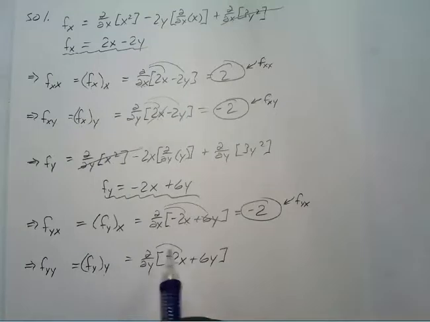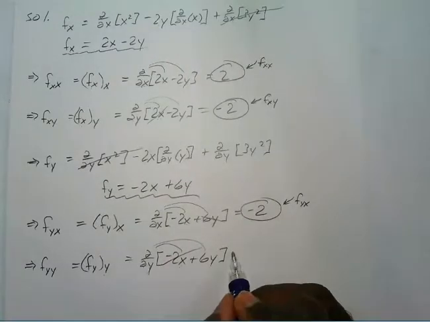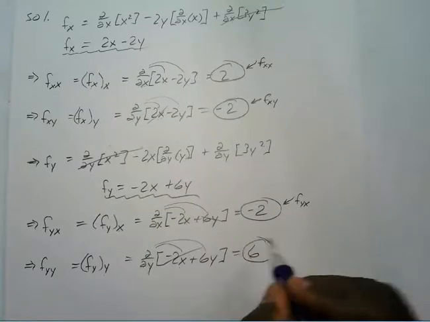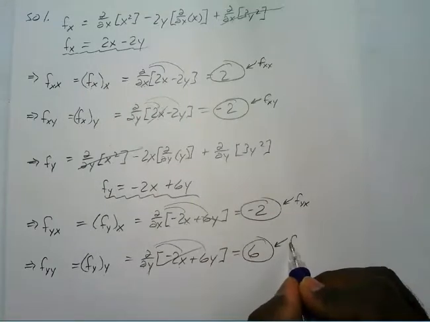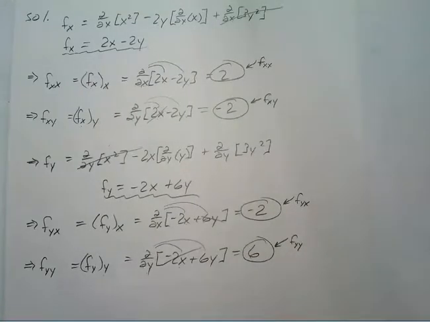Okay, so we go ahead and find the derivative of each term. The partial with respect to y of negative 2x, again, the derivative of a constant is just 0, so that disappears. So we have the partial with respect to y of 6y is just 6. So it's the second derivative with respect to y.